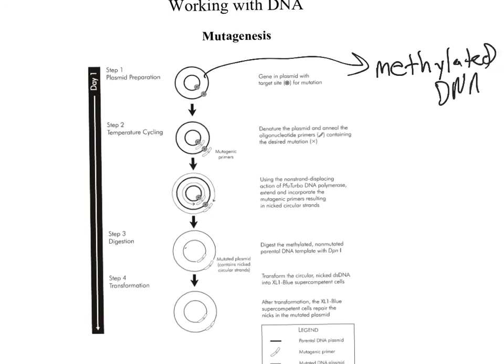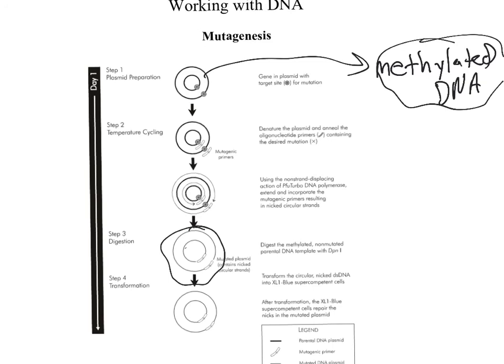And that's one way that bacteria keep track of the parent strands, is through this methylation. This is something called epigenetics. So you get the methylated parent strands, but these new strands, since they were made in a test tube and not in a bacteria, don't get methylated.